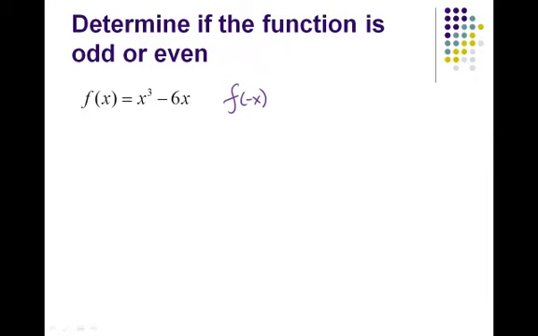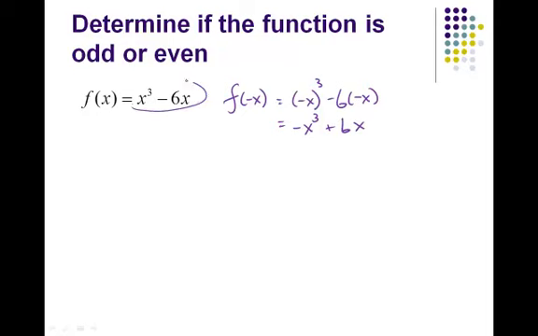So instead of choosing a specific value, I'm going to choose all negative x values for any x that we can put in. If I plug in negative x and cube it, and plug in negative x here, my result will be negative x cubed, because a negative times a negative times a negative is negative, and positive 6x.